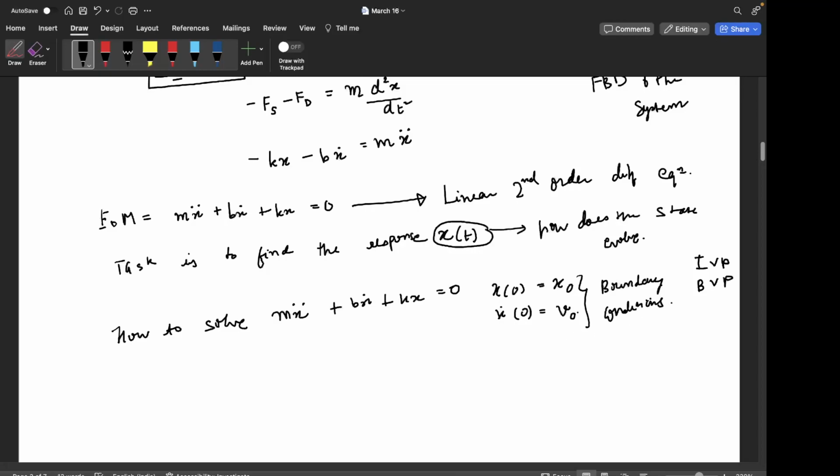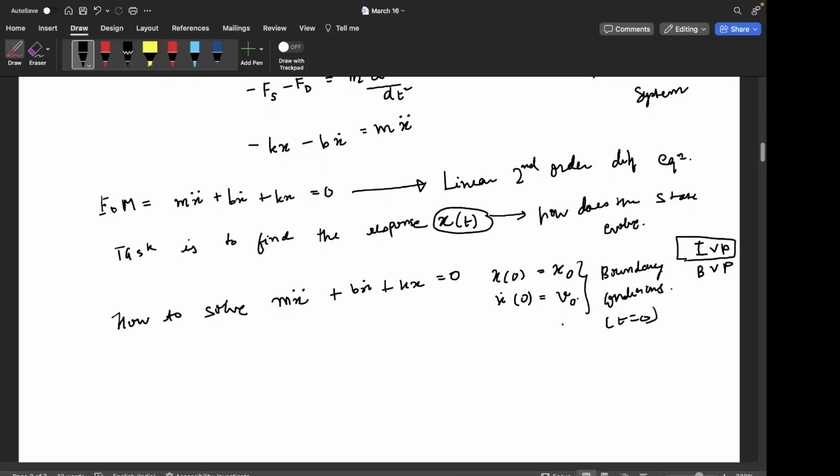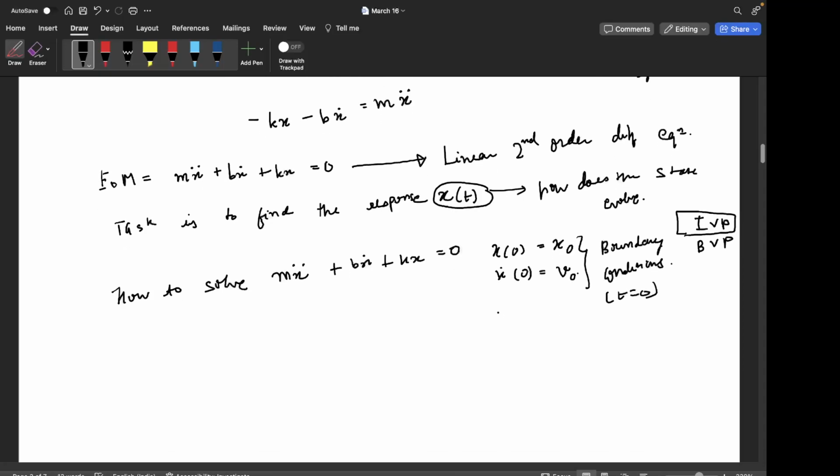Okay, and since both are given at t is equal to 0, this becomes an initial value problem. Okay, any doubt till here in boundary conditions? Okay, so moving on.